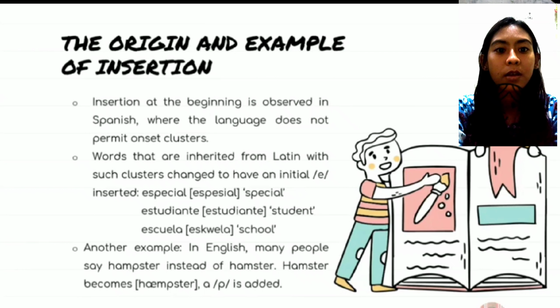The second is words inherited from Latin with such clusters, changed to have an initial e inserted: special becomes especial, student becomes estudiante, escuela becomes school. Another example is, in English, many people say hampster instead of hamster. Hamster becomes hampster, where a p is added.